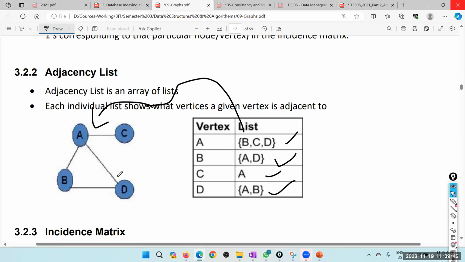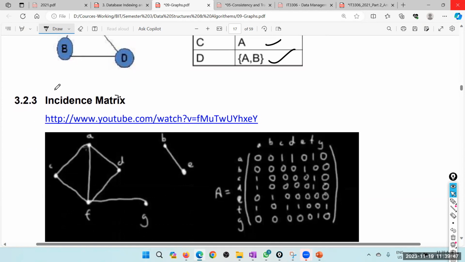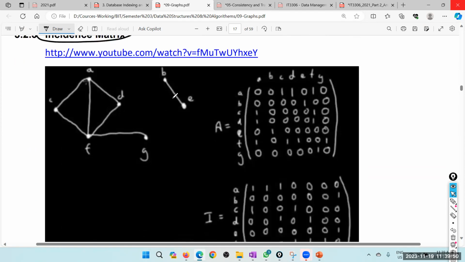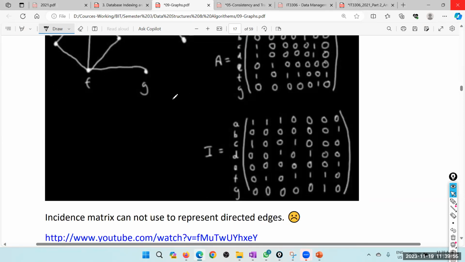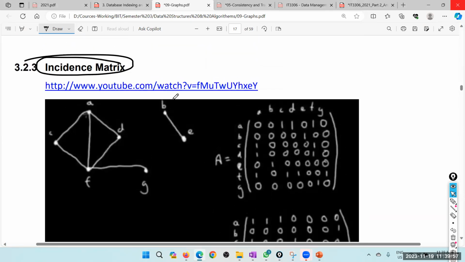Right. So the third approach is called the use of an incidence matrix. That is also super easy. Right. So this is how you do it. Say this is my graph, and assume it's unidirectional. Say the vertices are A, B, C, D, E, F, G. So you just write those down.